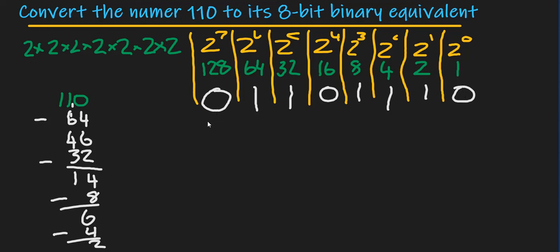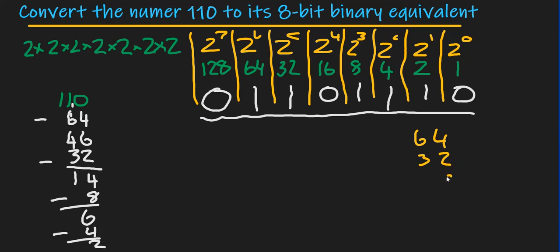So at the moment, this is potentially the binary equivalent of the decimal 110, we have to check it. Always check your working to see if you're correct. So I'm going to change my pen colour. Right, so 64, we've used a 64, we've used 32, we've used 8, we've used 4, and we've used 2. And all we need to do is add these up to see if we're correct.